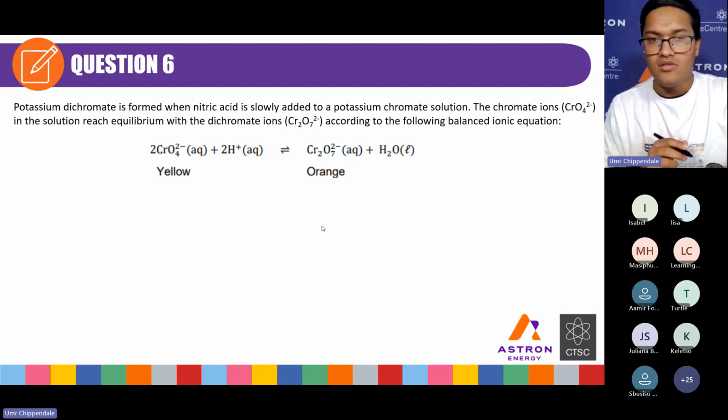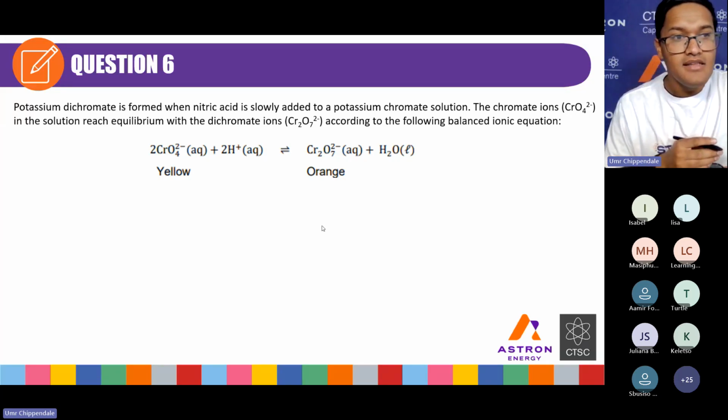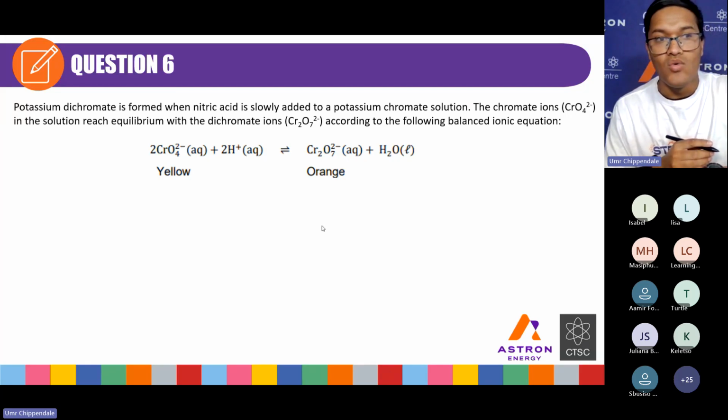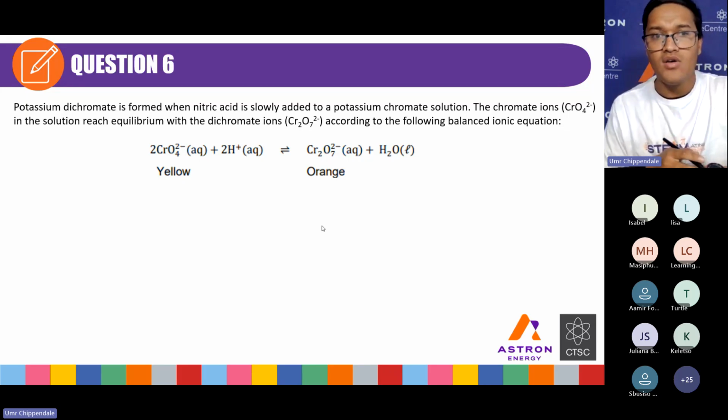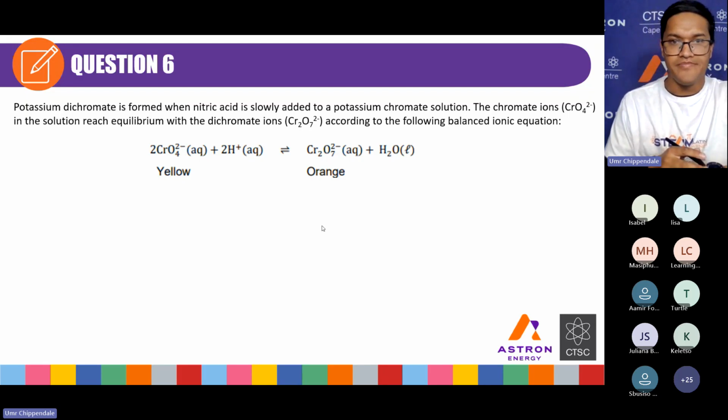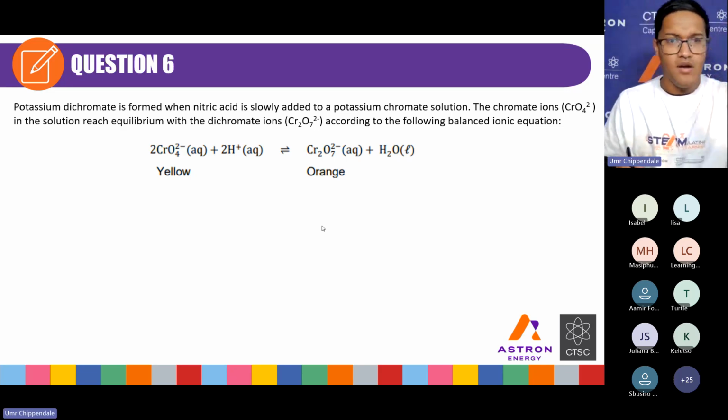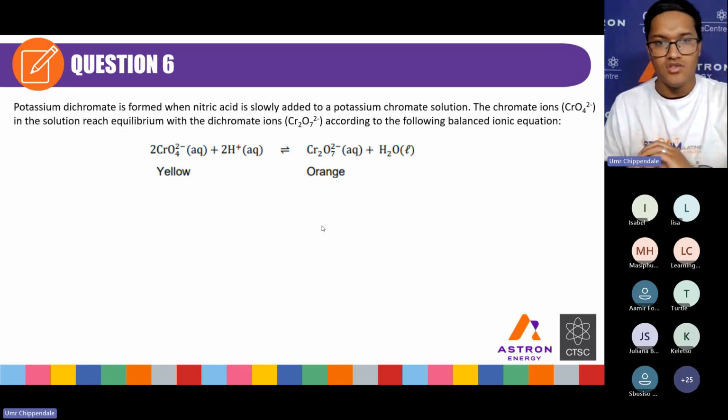The chromate ions, which is CrO4 2-, in the solution reach equilibrium with the dichromate ions, as given over there, according to the following balanced ionic equation. And it's given over here from yellow, and it will go to orange.